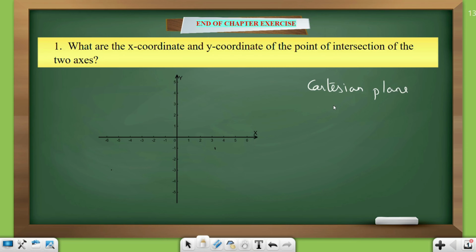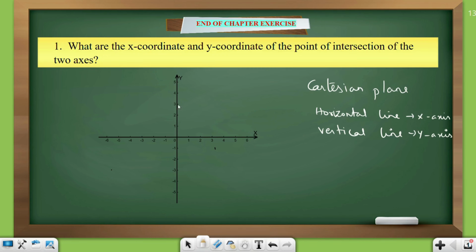The Cartesian plane is made up of a horizontal line and a vertical line. This horizontal line will be considered the x-axis and the vertical line will be considered the y-axis.